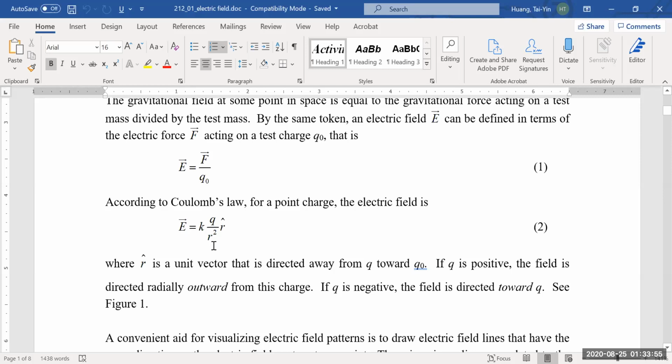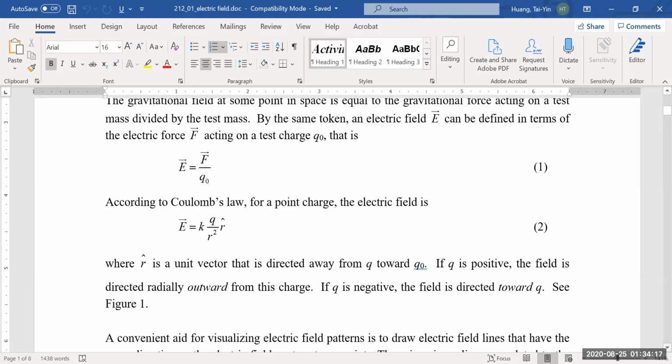A field point means that when you use a sensor to measure the electric field at that point, that is what we call the field point. Okay, so you can see that electric field is proportional to the magnitude of the charge, and it's also inversely proportional to the separation squared.